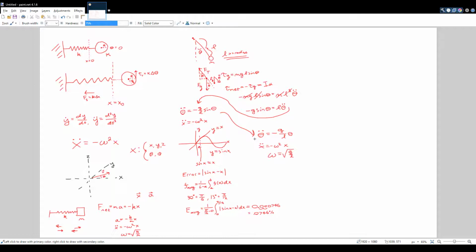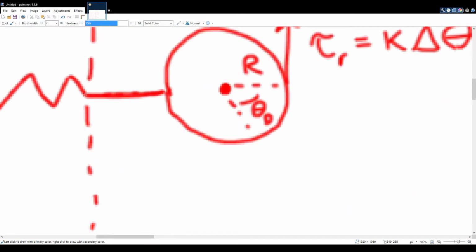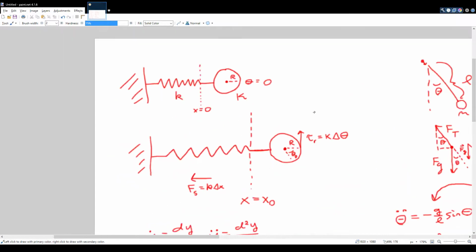So I think this equation is very powerful, and we're going to use it to solve a problem that is very unintuitive, I think. So let's go ahead and look at that, and that's what this setup is up here. It's not just a random thing that I thought was exciting to draw.